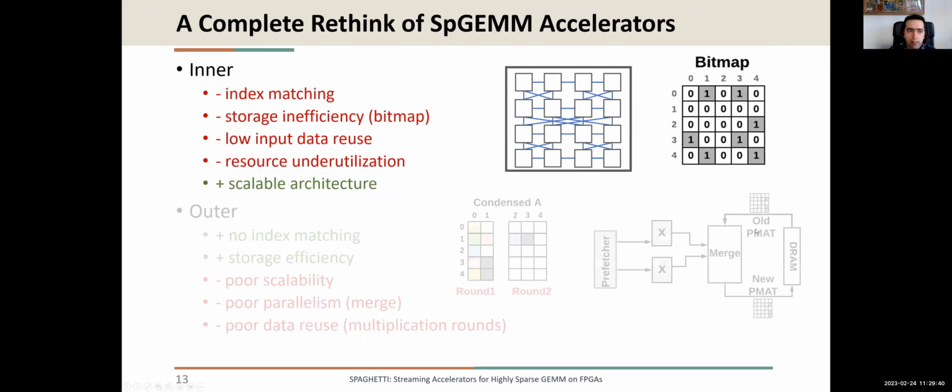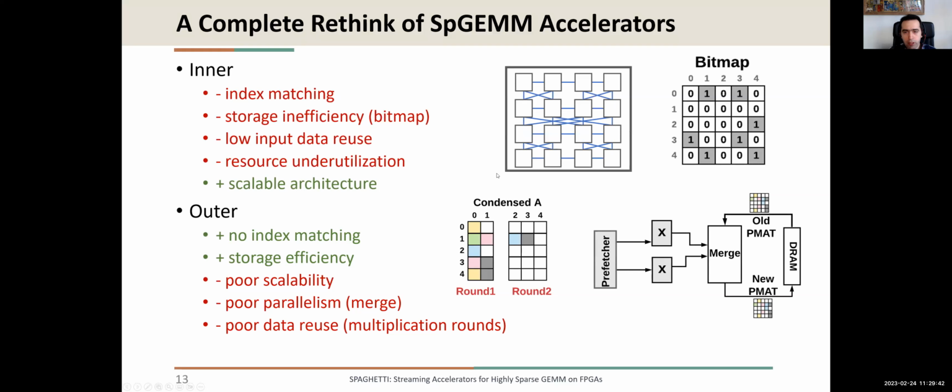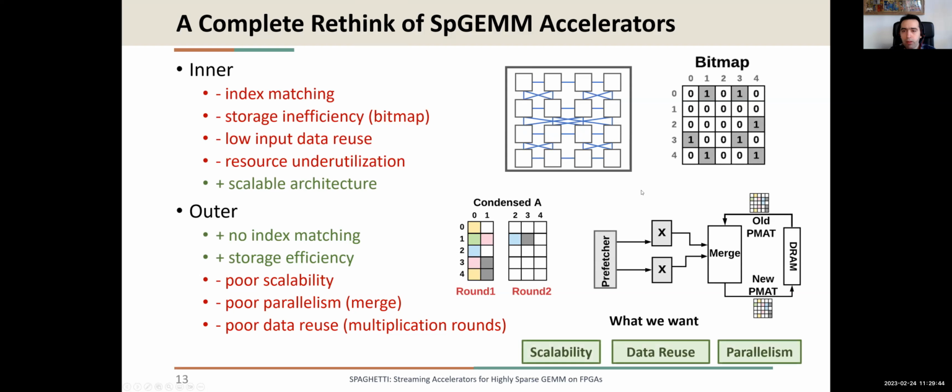So we talked about inner product and outer product. We talked about two state-of-the-art accelerators. So inner product requires index matching and probably a different storage format, and the input data reuse is not good, but the architecture is scalable.